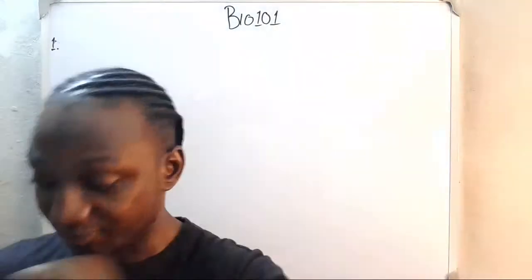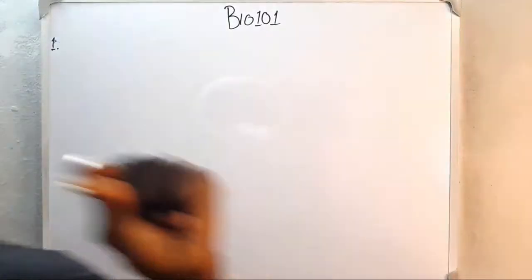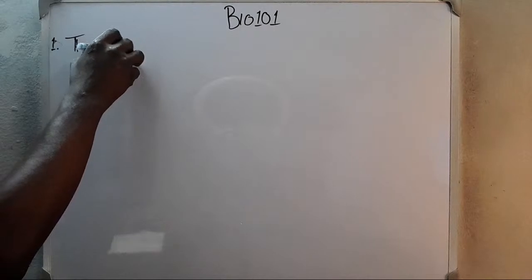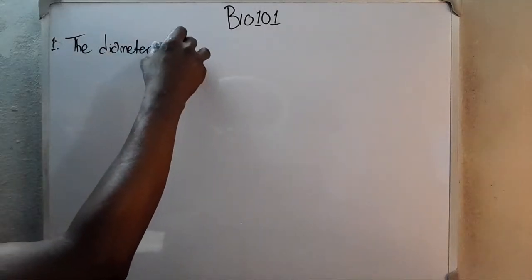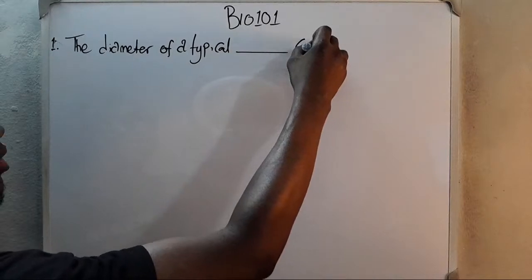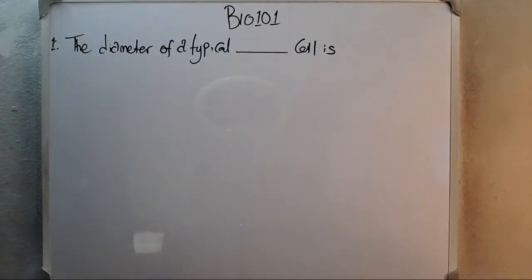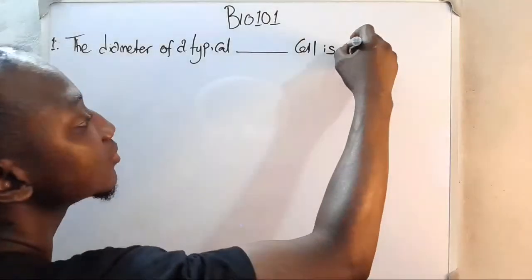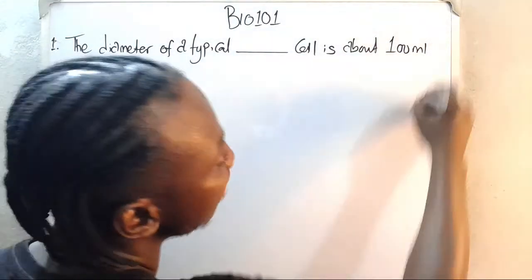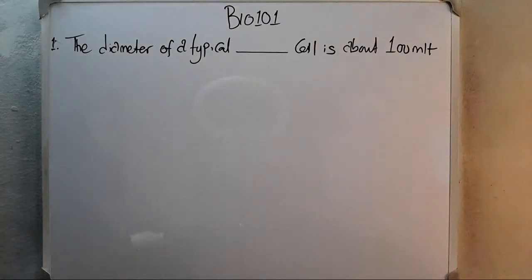Our very first question for tonight: the diameter of a typical dash cell is about 100 millimeter.